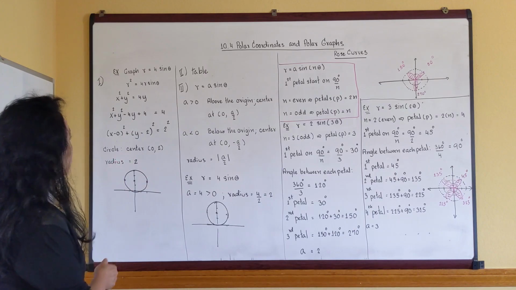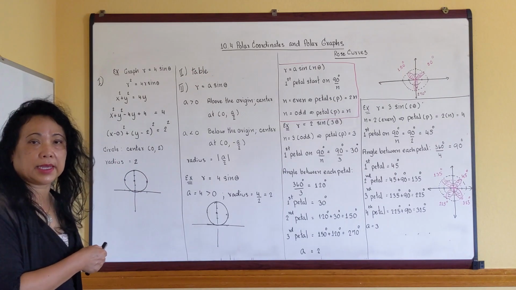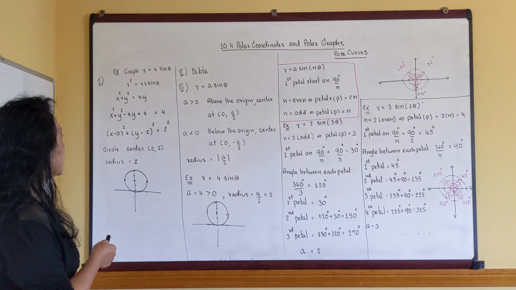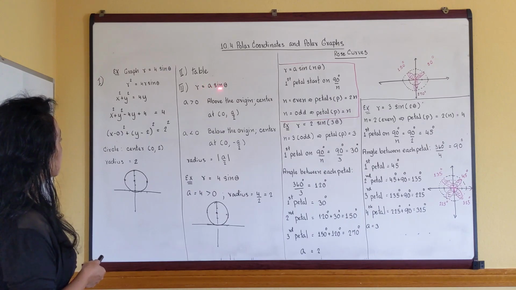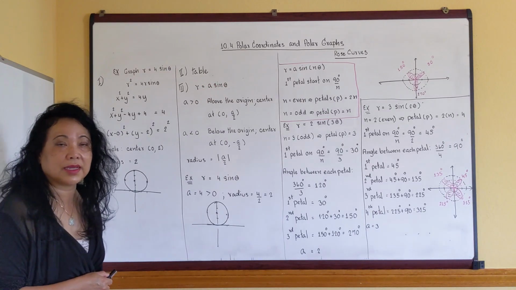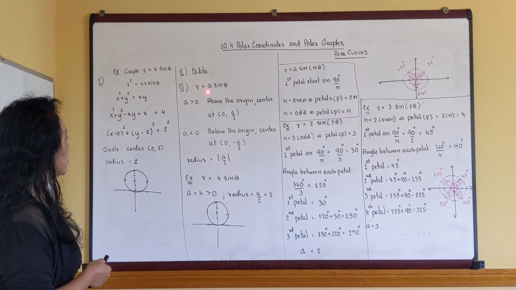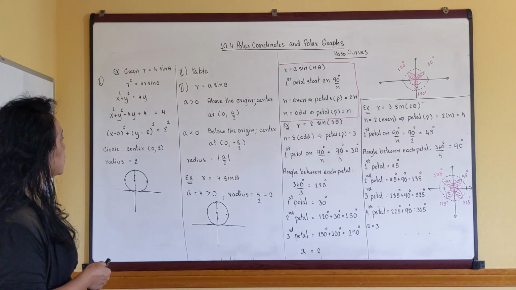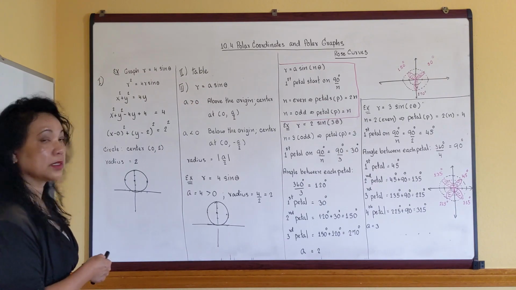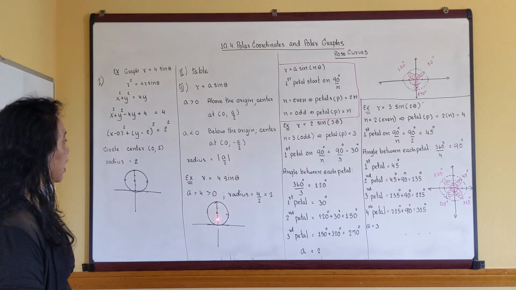So that's a circle. Another way of doing that, you can create the table like I showed you earlier for the cosine, and then just draw the graph. However, this is another method I consider a shortcut. So if you have r equal to a sine theta, if a is positive, then the circle is going to be above the origin, and the center is on the y-axis.